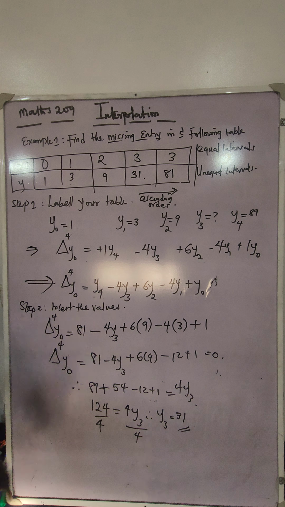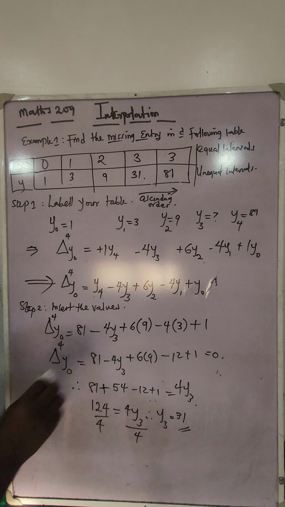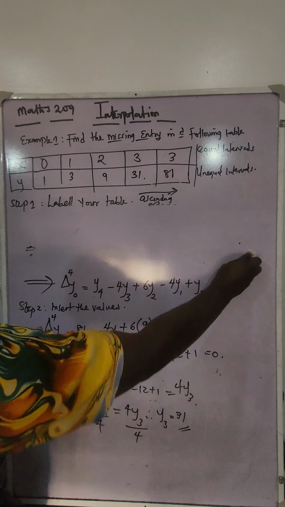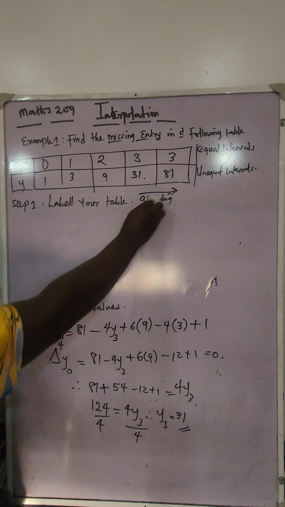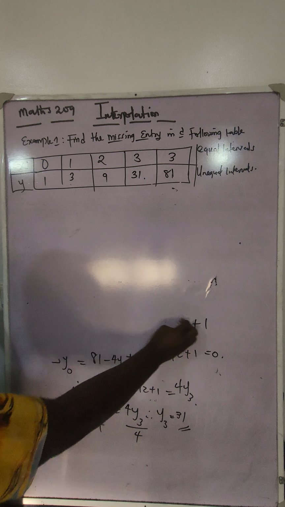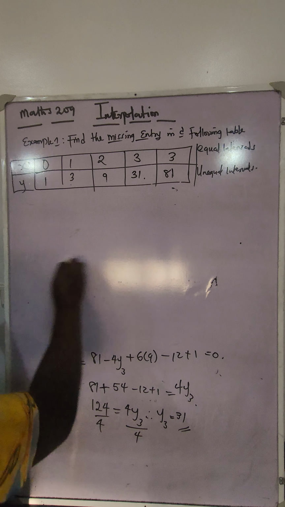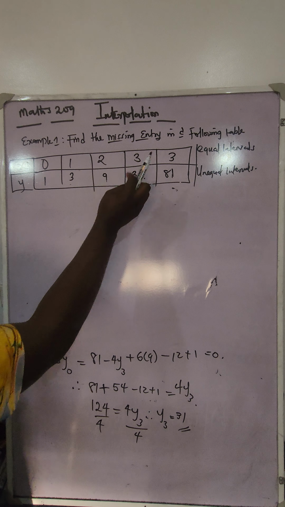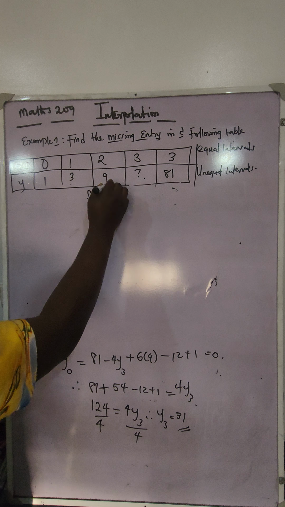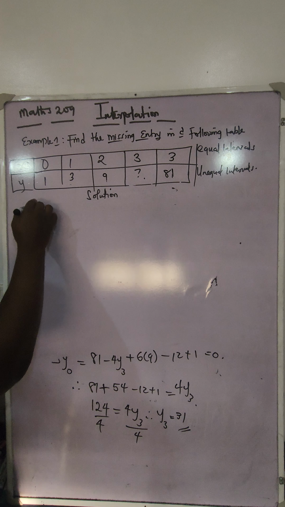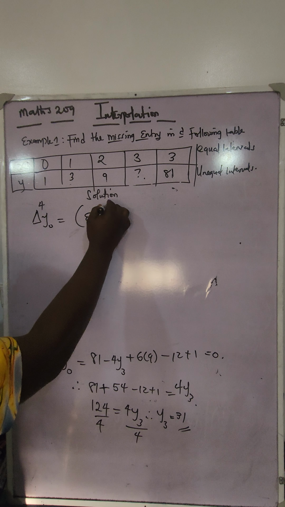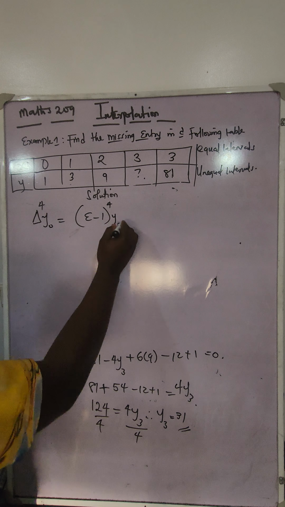So the other method you can use to approach this question, in case you want to solve this question, is to recall that the fourth difference of y naught is (E minus 1) to the power of 4 of y naught, right?